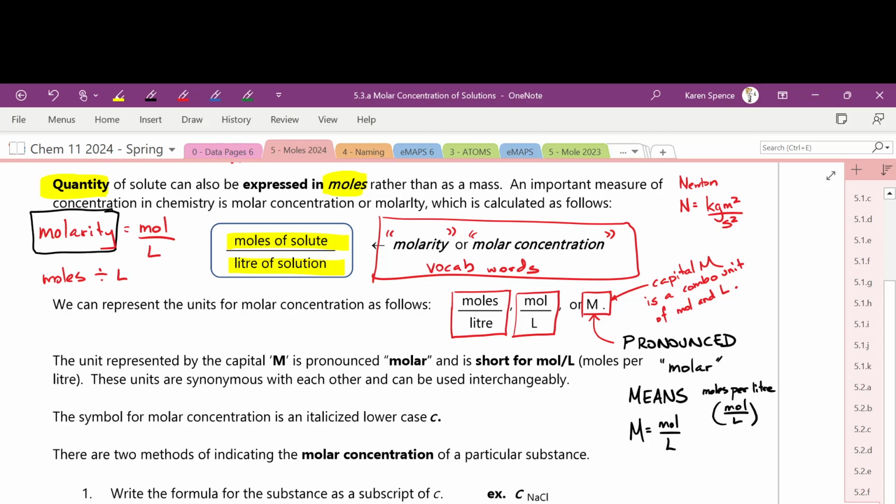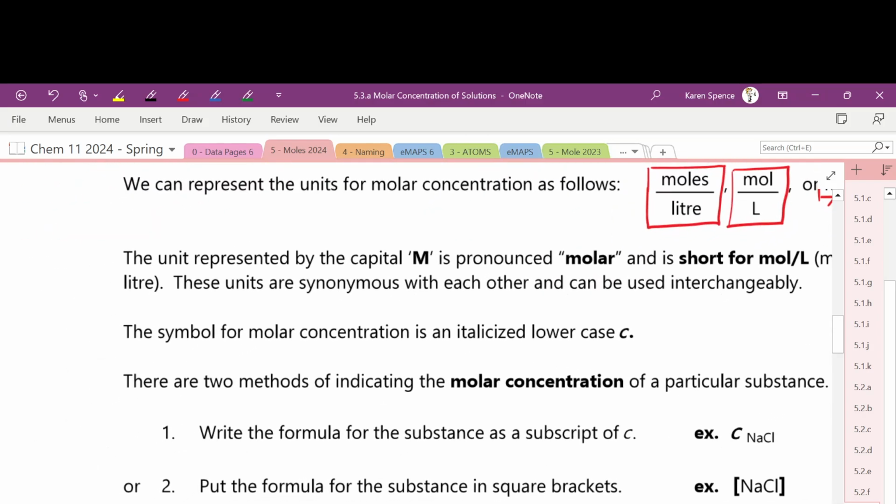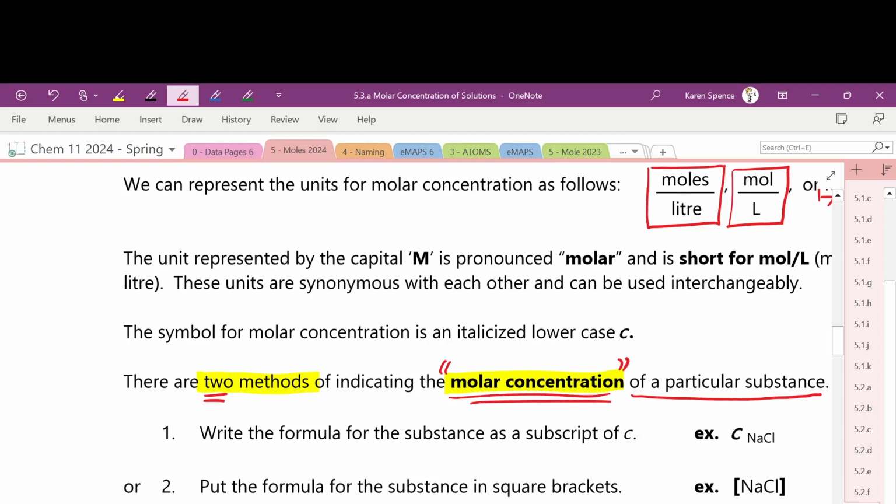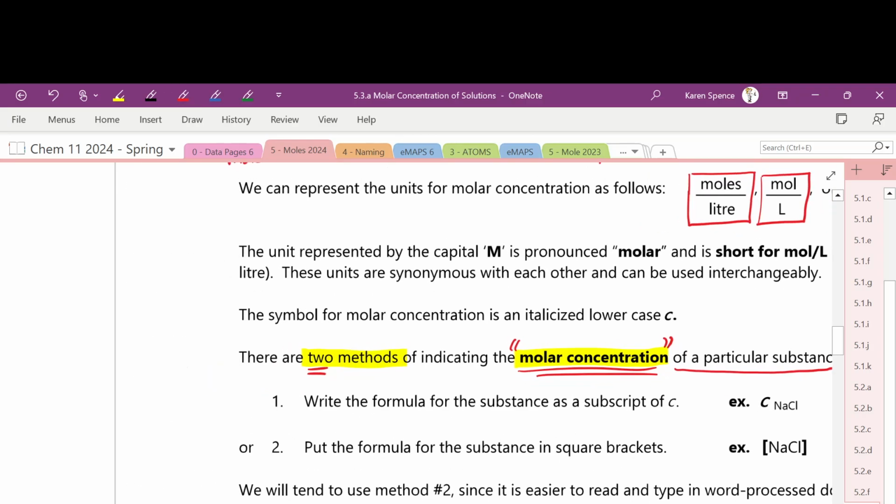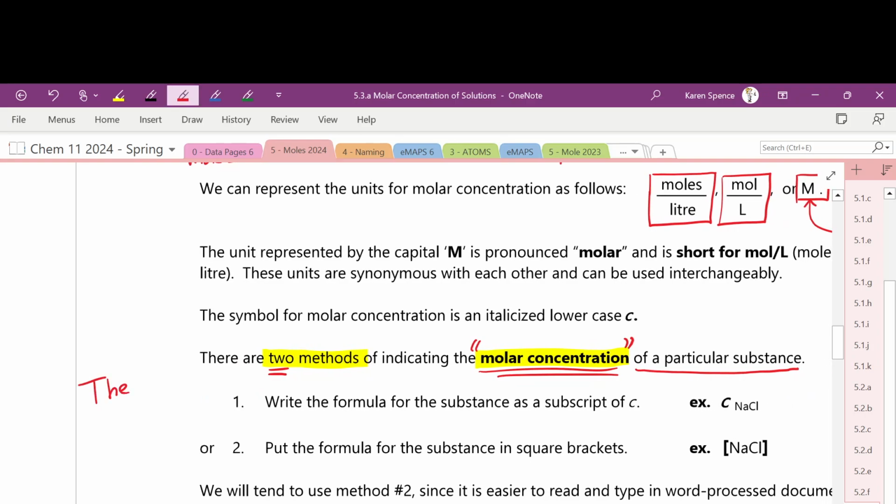There are 2 methods to write molar concentration of a particular substance. So if I wanted to say the molar concentration of sodium chloride, NaCl, I could write it one of two ways.